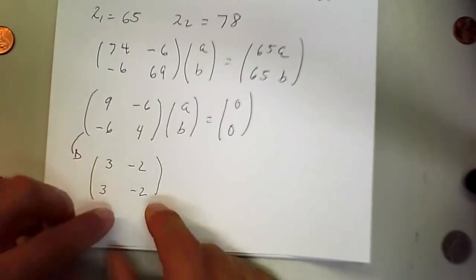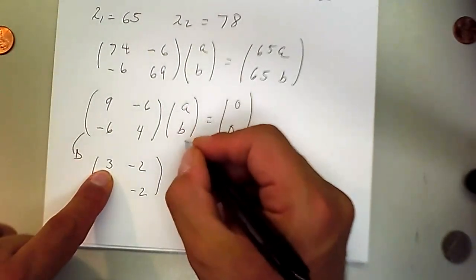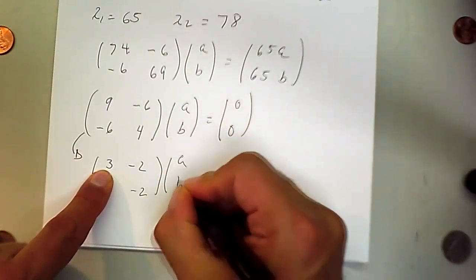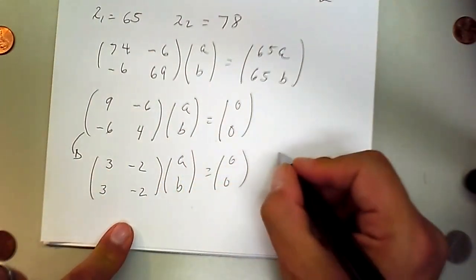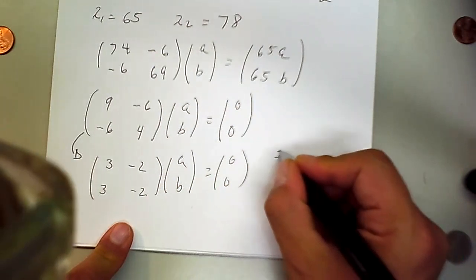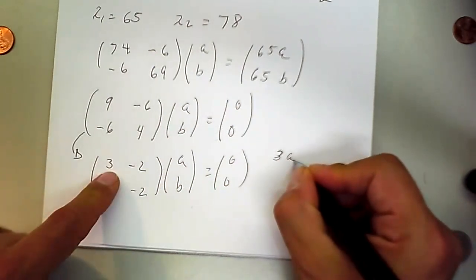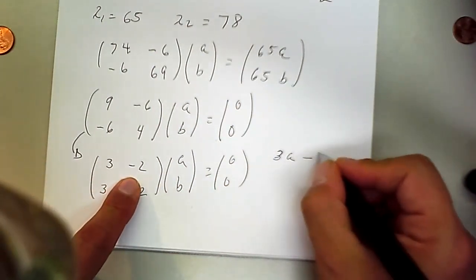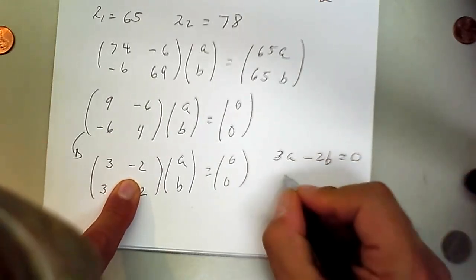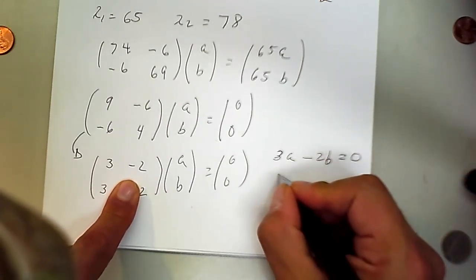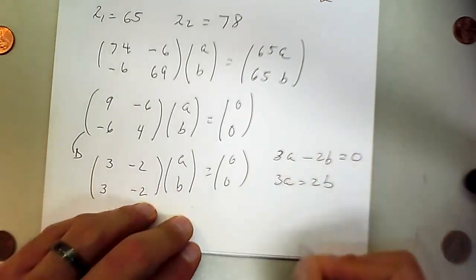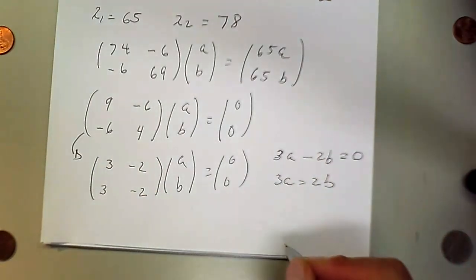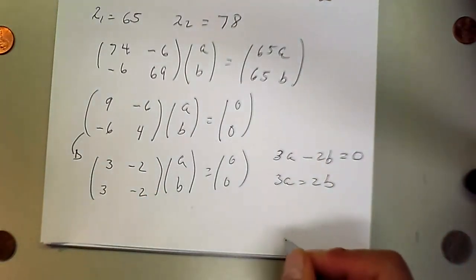And so what we end up with is that A, B equals 0, 0. What that tells us is that 3A minus 2B is equal to 0, which means that 3A equals 2B.